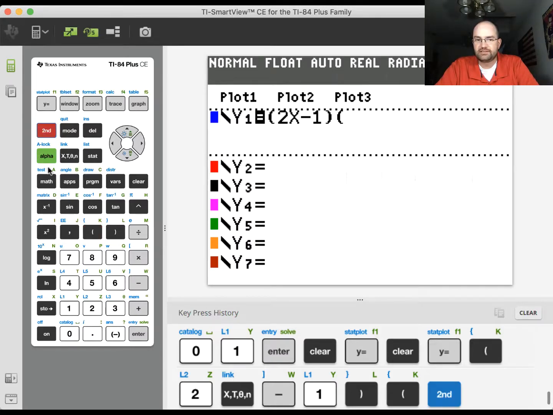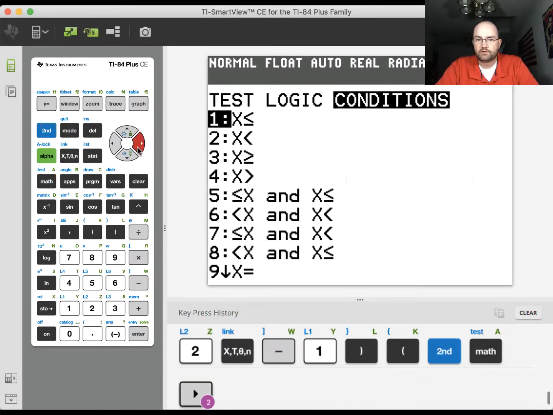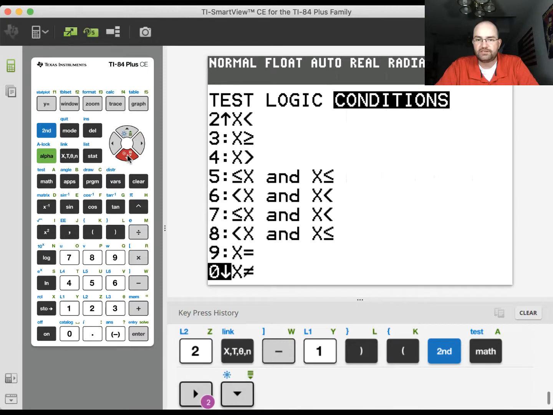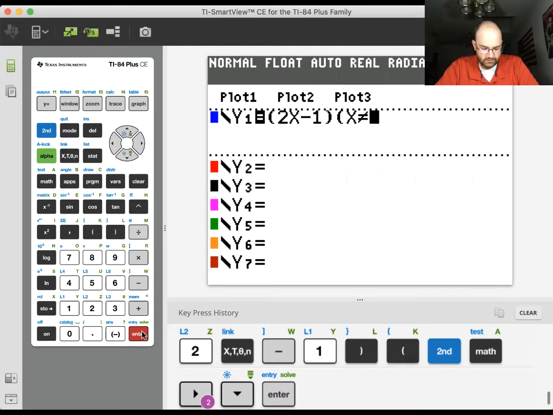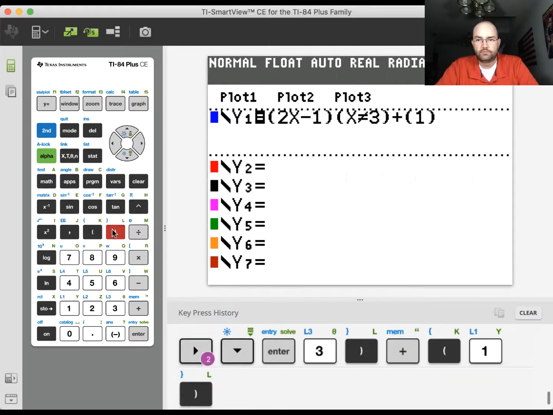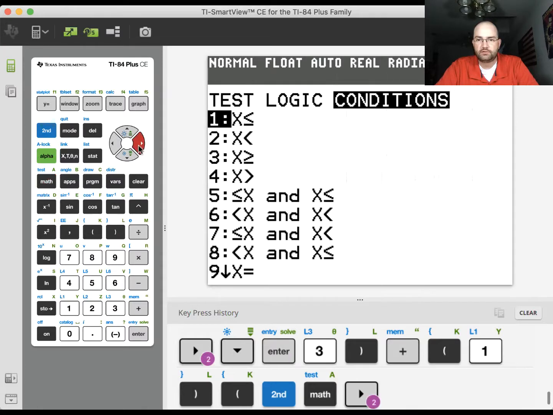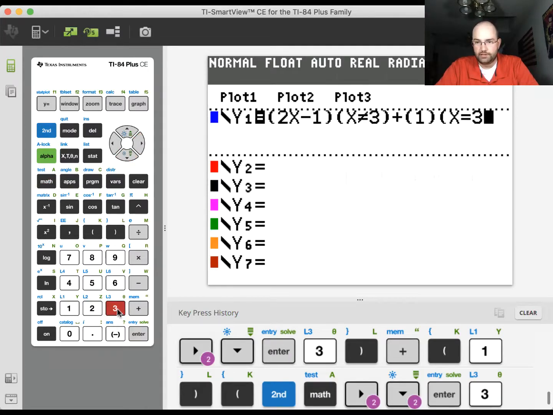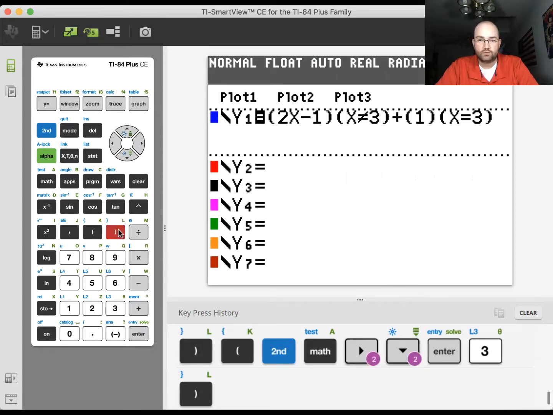Go to second test, then over here in conditions, we need x is not equal to, which in this case is 0. So x is not equal to the number 3. Close parentheses. Then add on parentheses the definition of 1, close parentheses, and open a new parentheses and type in the condition. Second math, conditions, x is equal to the number 3. Close, and then we're good.